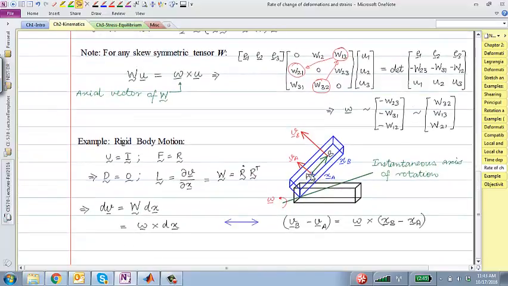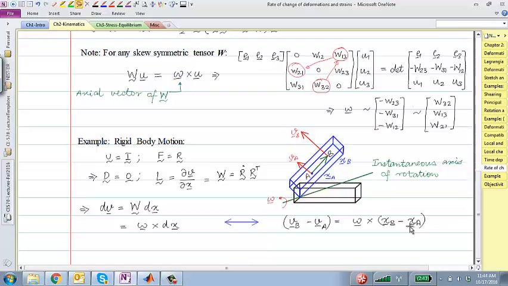Hopefully you've all seen this relationship that when we have this type of rigid body rotation, you can express the relationship between two points A and B on the body, where the velocity of A and velocity of B can be correlated with the angular velocity omega times the relative position of B versus A. This thing here, xB minus xA, is the relative position of B with respect to A. So the relative velocity of B with respect to A is given by omega cross R. Does that ring any bells?